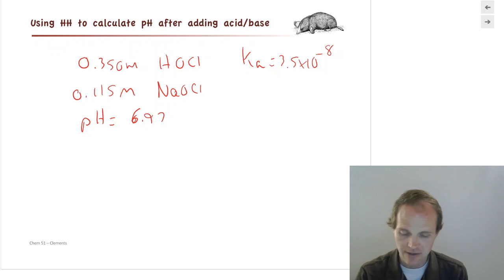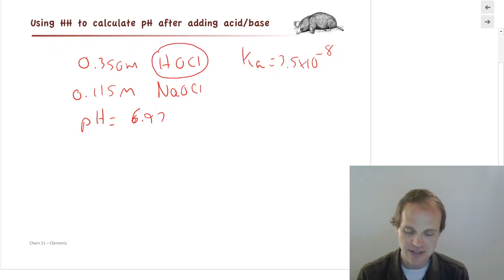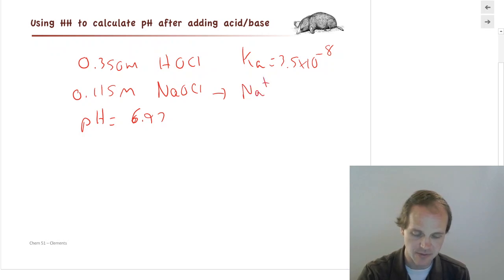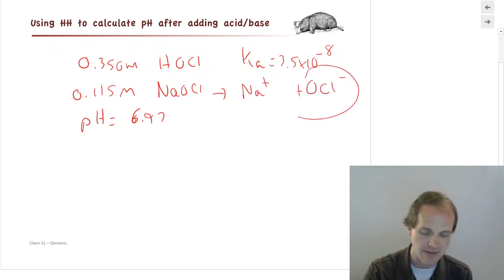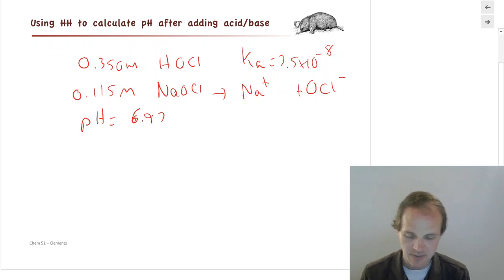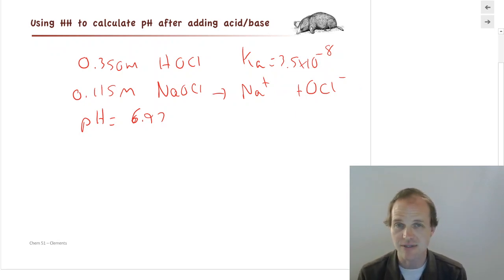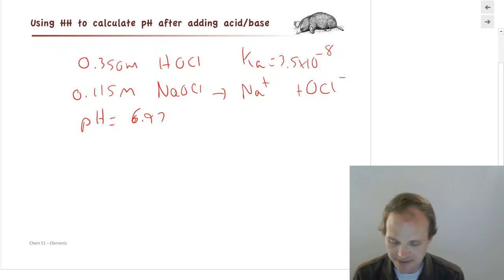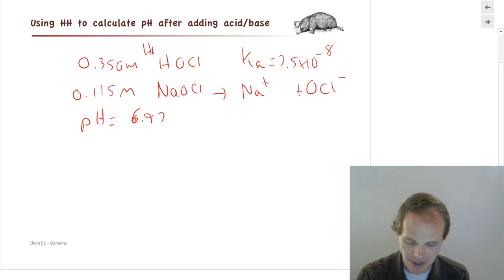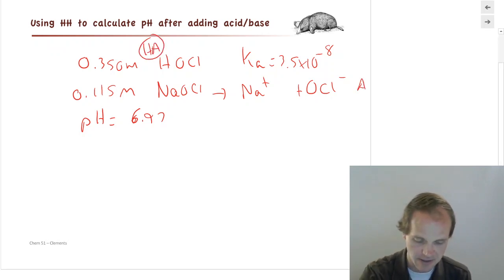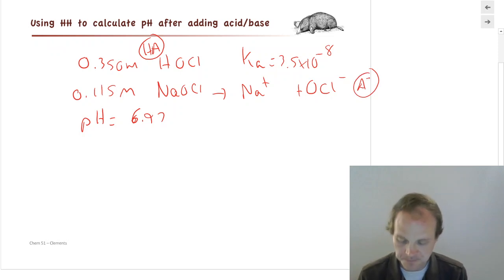So always good to identify things. HOCl, that's going to be our acid. NaOCl, we know from our solubility rules, is going to produce Na plus and OCl minus. And so that is our conjugate base when we're thinking about the Henderson-Hasselbalch equation using the A minus and the HA. This is going to be our HA, and this is going to be our A minus.